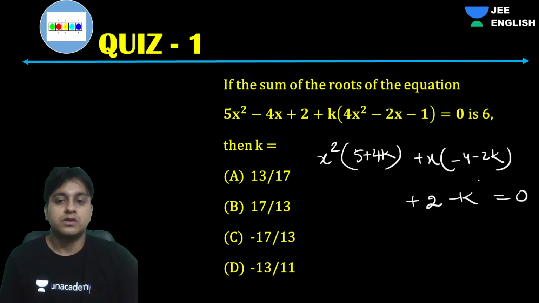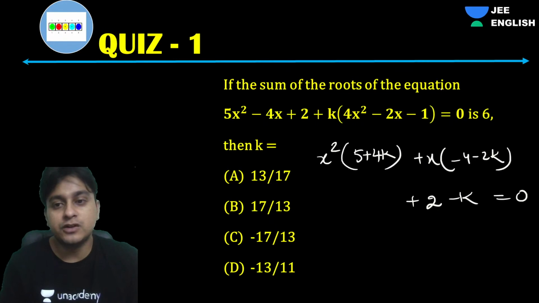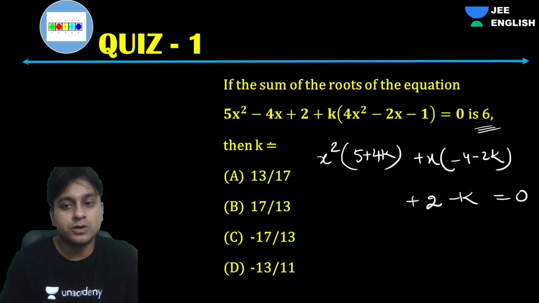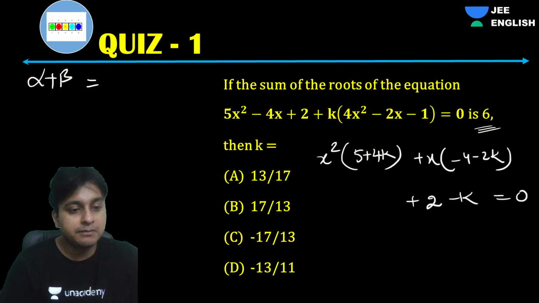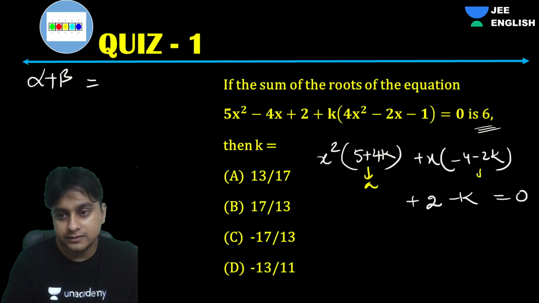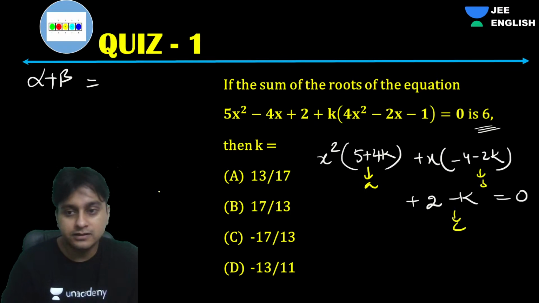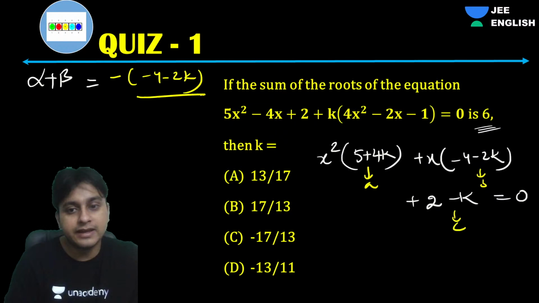Now guys, what we want is the sum of the roots, which is given as 6. So for the value of k, the sum of the roots, alpha plus beta, is going to be minus b by a, right? This is my a, b, c respectively. So can I say it will be minus b, where b is minus 4 minus 2k, by a, that is 5 plus 4k.